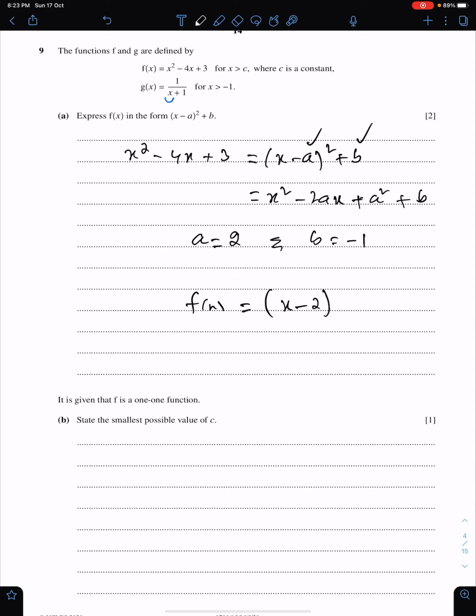Whenever it says 1-1 function, then always write the x coordinate of the turning point here. This constant is the x coordinate of the turning point. This is the logic. And since x is increasing, we have the right side of the turning point, therefore we will take the plus sign while finding the expression for f inverse.